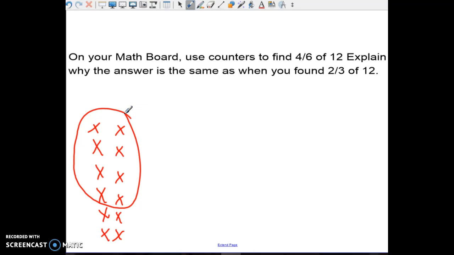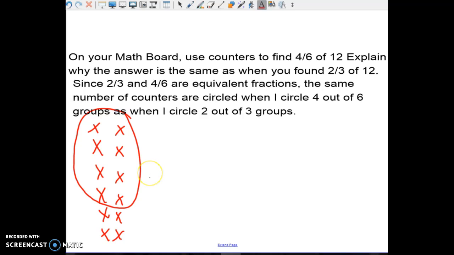2, 4, 6, 8. And the reason that comes out the same is because 2/3 and 4/6 are what kind of fractions? Equivalent fractions. Okay, so since 2/3 and 4/6 are equivalent fractions, the same number of counters are circled when I circle 4 out of 6 groups as when I circle 2 out of 3 groups.